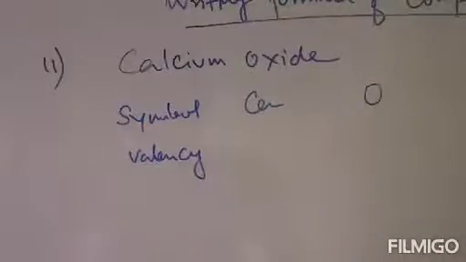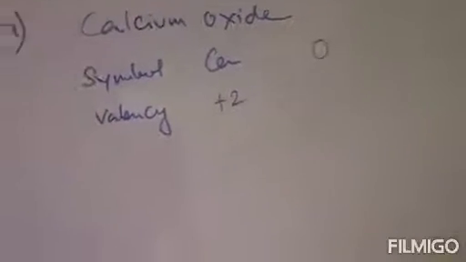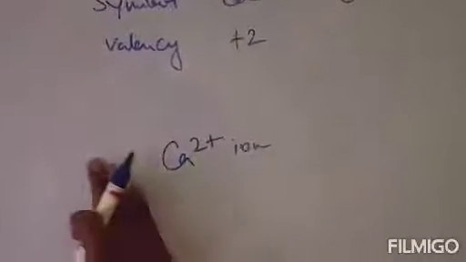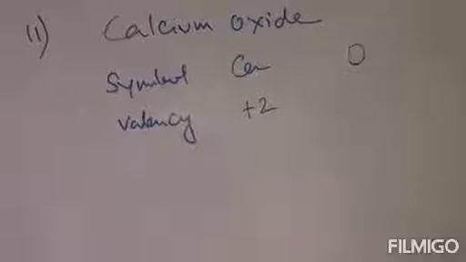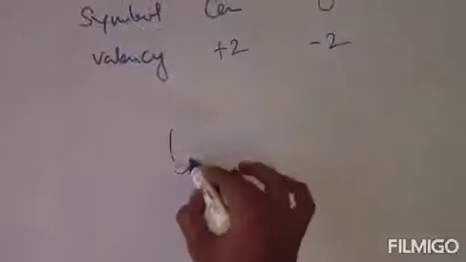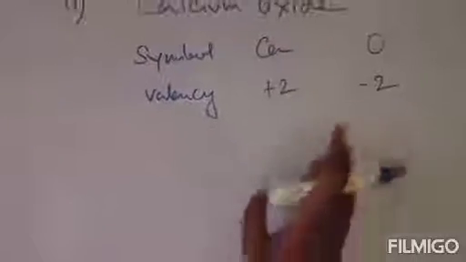Now the valency of calcium is +2, because calcium is always found in the Ca2+ form, the Ca2+ ion. So the valency of calcium is +2. Clear? Next, the valency of oxide is -2, because oxide is always found as O2-. This is oxide. Clear? That means the valency is -2.